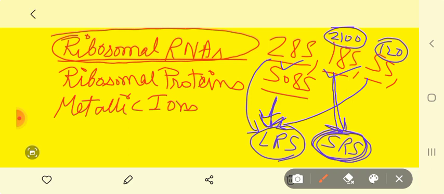So the 28S and 18S rRNA have methyl groups present, particularly at the 2' position of the ribose sugar within the ribonucleotides.